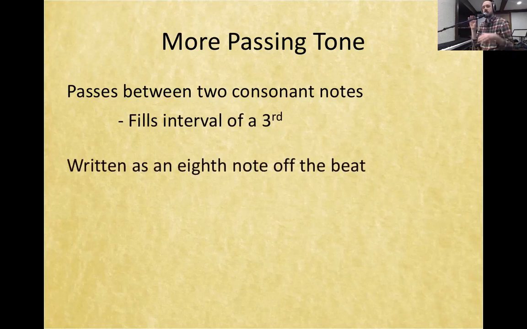What we've usually seen is that we're writing it as an 8th note off the beat, because generally speaking, what we're dealing with right now is a texture that is moving in pretty steady quarter notes. So if these are quarter notes and we want to fill a note in between, we have 1 and 2, right? Put a little 8th note there.